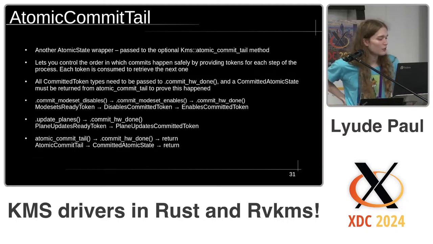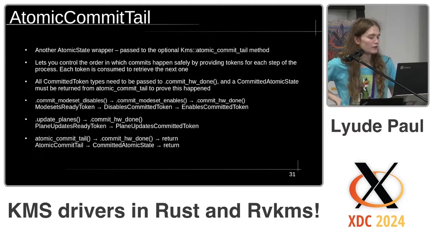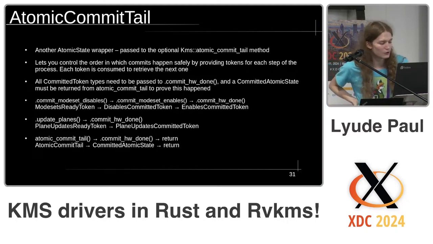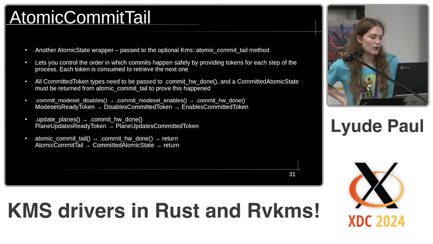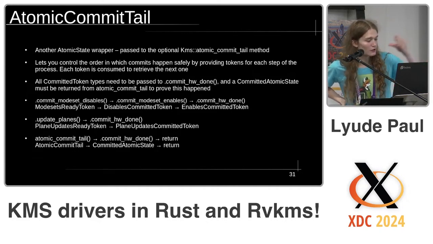Some examples that we have here are, for instance, with committing mode set enables and disables. You have to call commit mode sets disables, which gives you a ready token. Then you go to the enables, where you pass that disables committed token to prove that you passed that step.